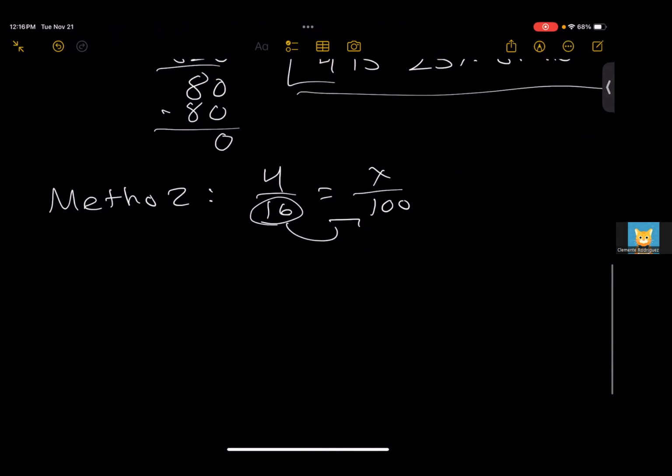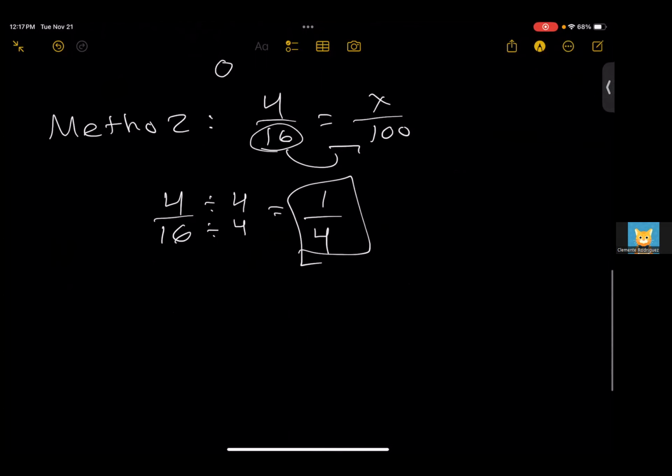So what we can do instead is simplify our fraction, and hopefully we simplify it to a number that can go into 100 perfectly. 4 and 16 have one number in common, 4. So 4 divided by 4 is 1, and 16 divided by 4 is 4. And I have this new fraction, 1/4. 1/4 is equal to x over 100, because you can simplify 4 over 16 into 1 over 4.